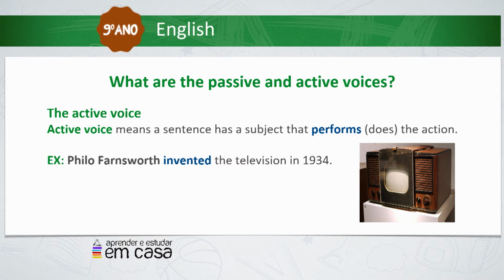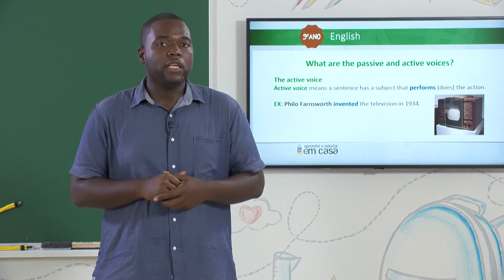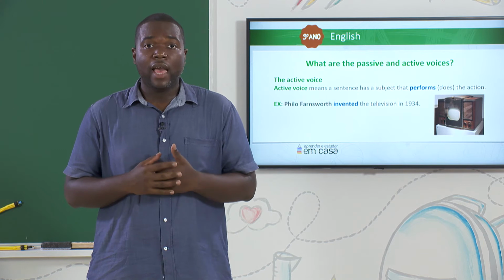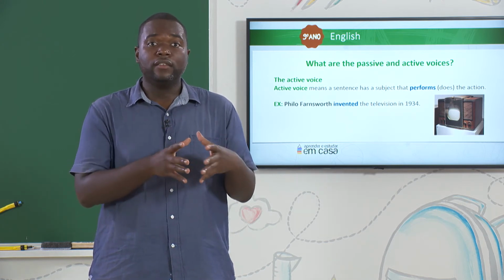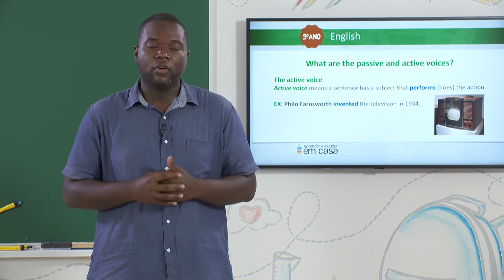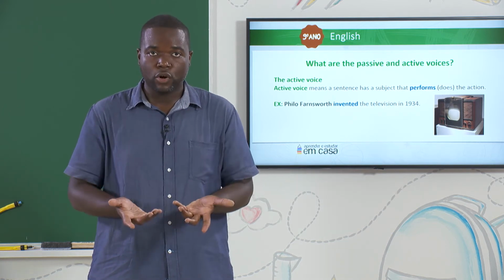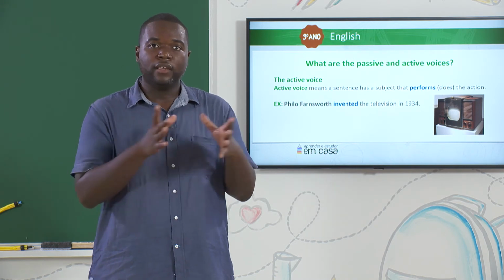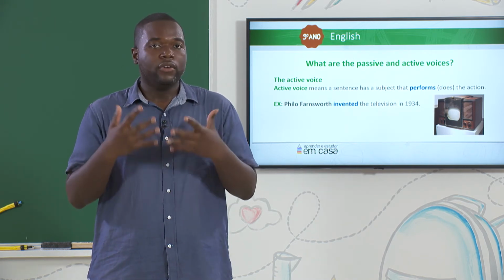Yes, that was the first television invented in 1934. Very different from what we have today. In the active voice, you have a subject in a sentence, and this subject does the action told by the verb. Okay, so it's the subject that performs the action. That's an active sentence. So you have someone that does something. Okay, now that's the active.